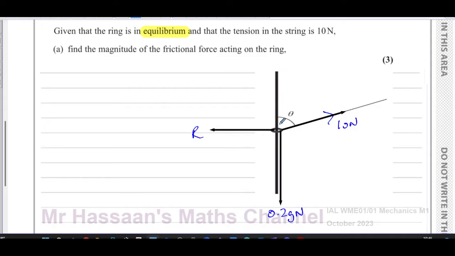If it's threaded onto a string, then the string is not a solid surface, so there won't be a reaction force between the ring and the string.